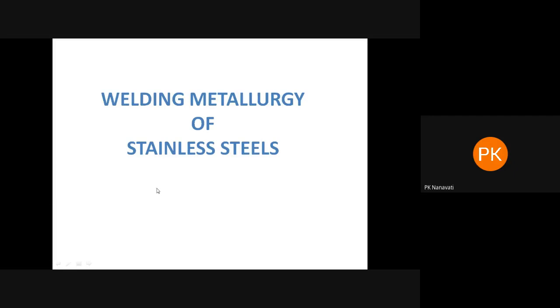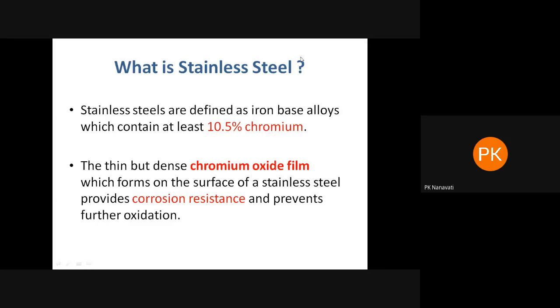I hope by this time you are somewhat clear about the factors affecting the microstructure, because in a given time it is difficult to cover the welding metallurgy aspects. So what I have tried to explain through my presentation is a punchline to understand the welding metallurgy, right? Okay, now we are to discuss the stainless steel.